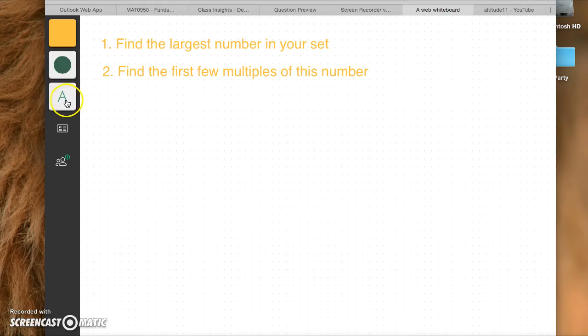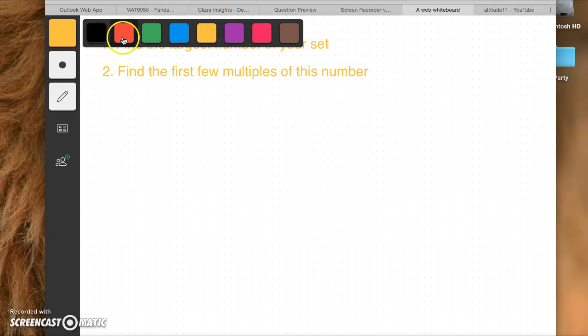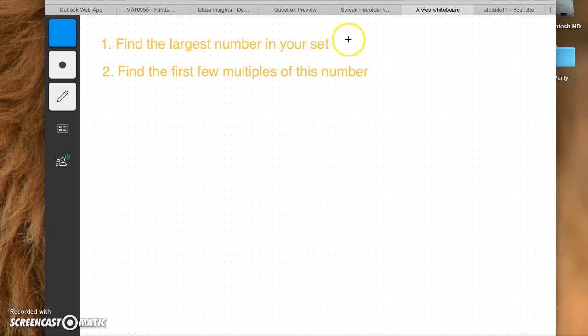Let's go to the pen, kind of make it smaller, and we will change colors. Let's do blue. 198, apologize for the sloppiness. Let's find the first few multiples of this number.